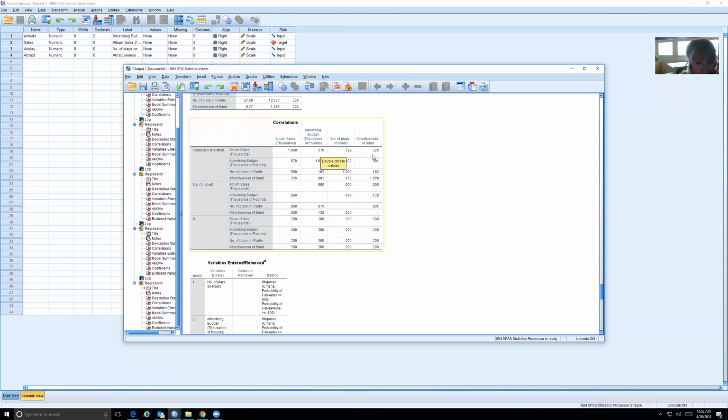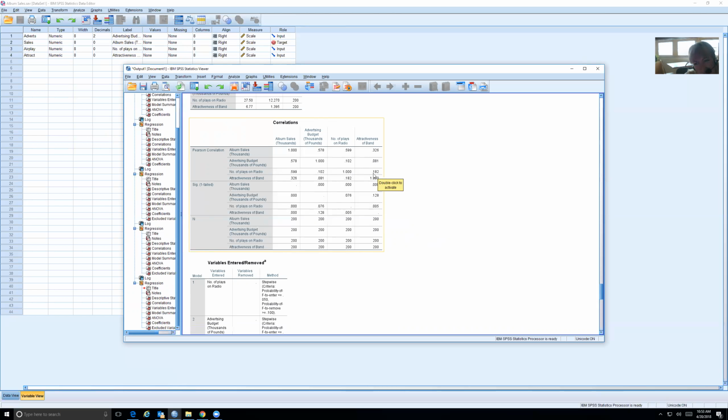So all of these are correlated to album sales. Notice they're also a little bit correlated to each other. For example, here, number of plays on the radio is correlated a little bit to attractiveness of the band. The correlation is 0.18, so that's very small, very weak, but still there's a little bit of a correlation there.